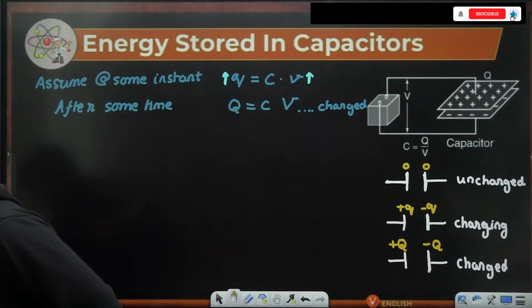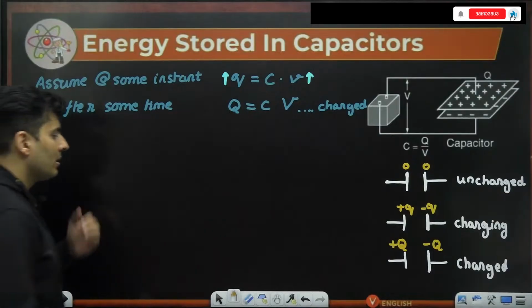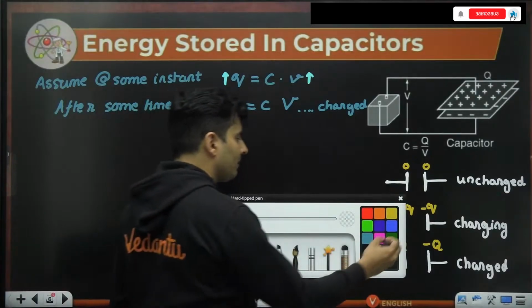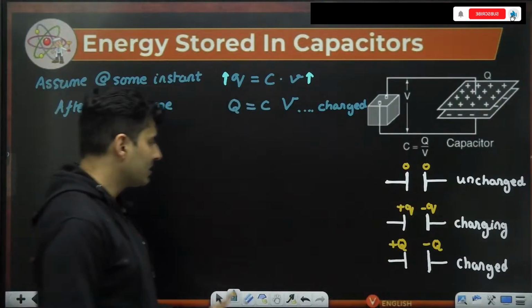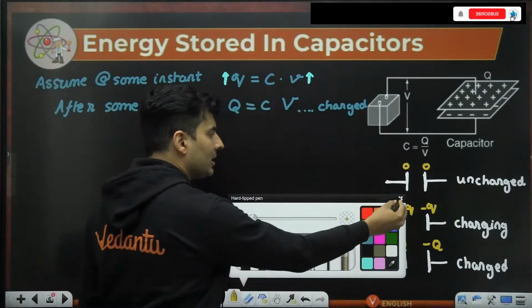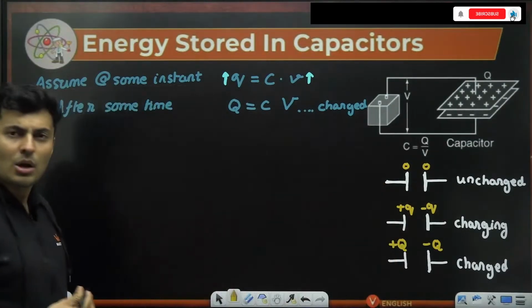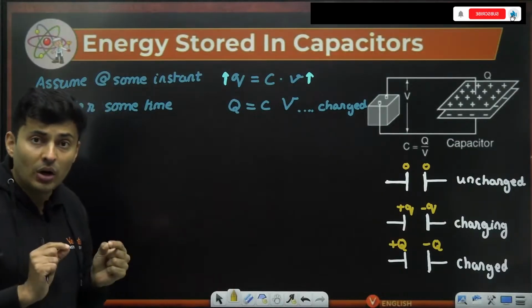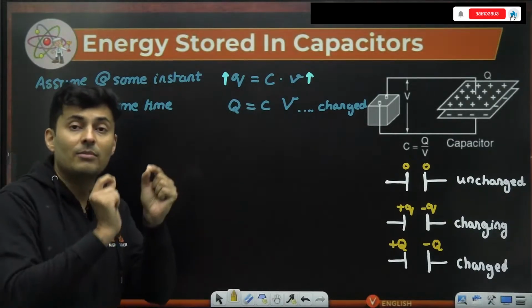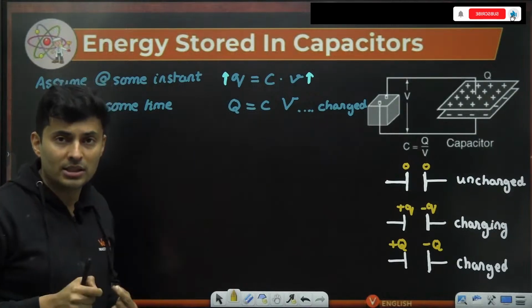Okay. Right. Now, imagine there is a small change in the energy stored in the capacitor. Why will that small change in energy come? Because you have done some work while storing the charge.